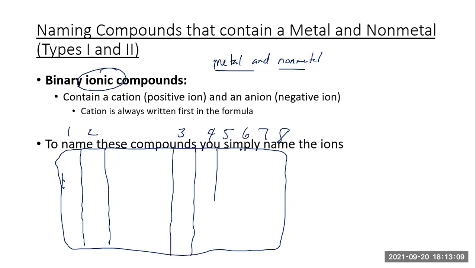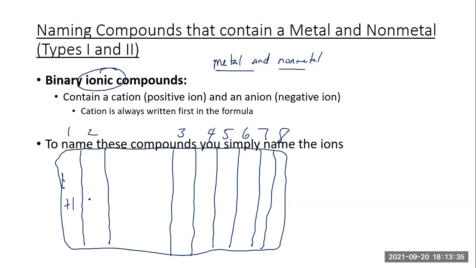So if we look at our different groups here, everybody in group 1, because of all those periodic trends, pretty much will give up their electrons and become +1 charge. By the way, things do not have a charge until they hook up with a metal and non-metal. If you have a piece of copper metal by itself, it does not have a charge. It will only gain a charge if it hooks up with a non-metal.